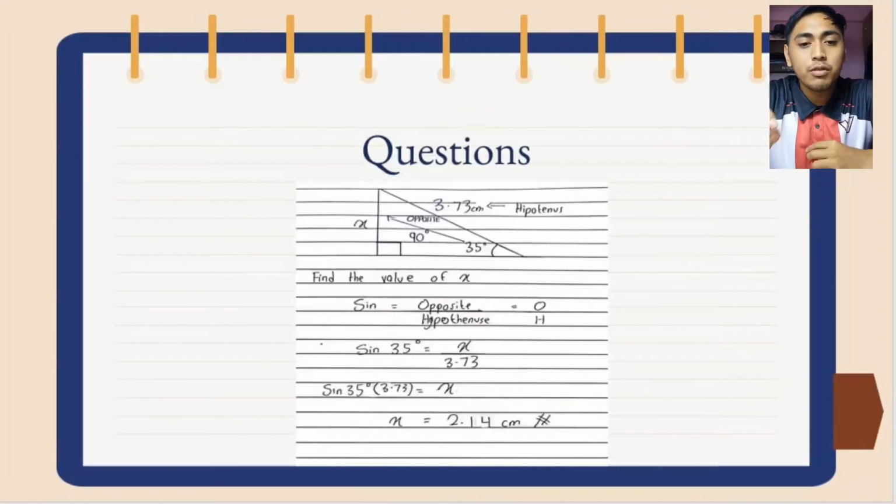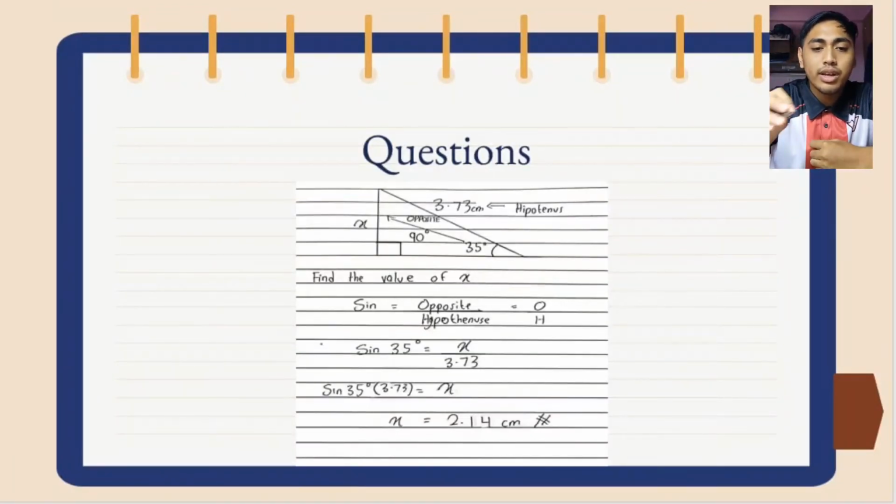Another example for the sine question. Find the value of x. According to the diagram, they already give you the angle of 35 degrees, and you want to find x, which is located opposite the 35 degrees. The hypotenuse is 3.73 centimeters.